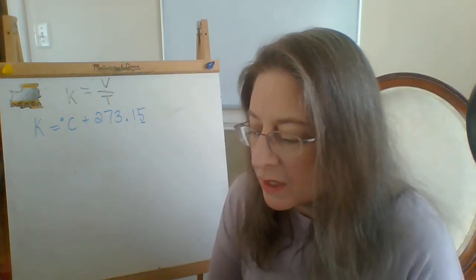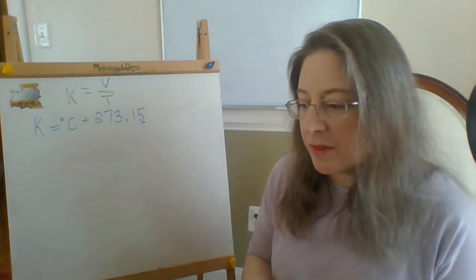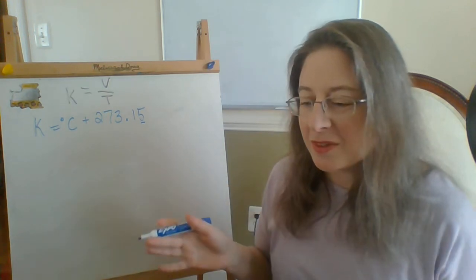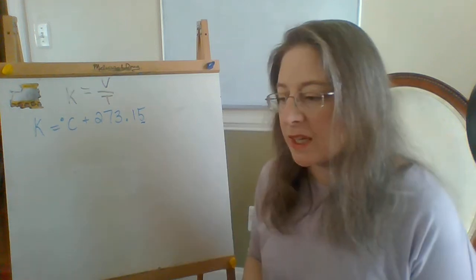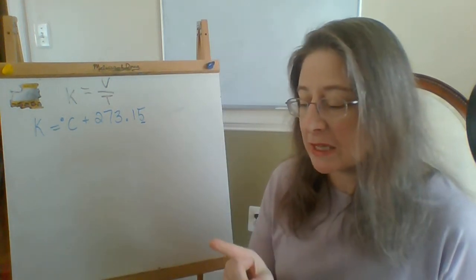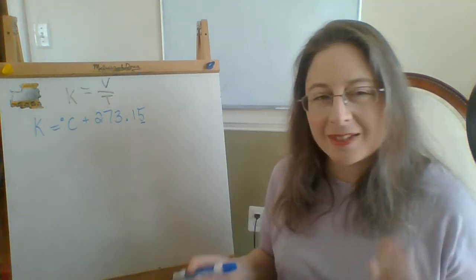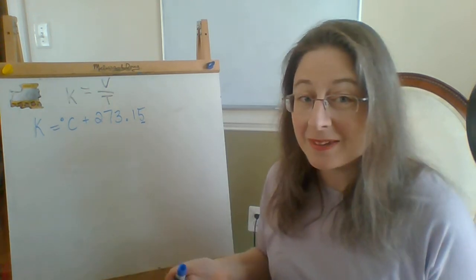Then we end up with the combined gas law. In 1802, a guy named Gay-Lussac, who was a French guy, said if mass and volume are constant, then pressure goes up when temperature goes up. That gas law doesn't exactly have a name. Sometimes people call it Gay-Lussac's law, but we already had a Gay-Lussac's law.